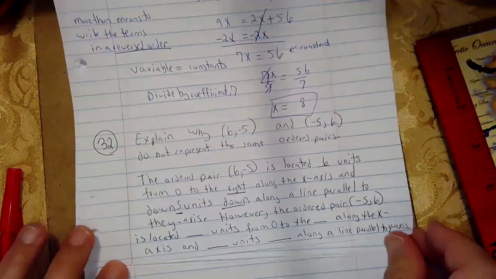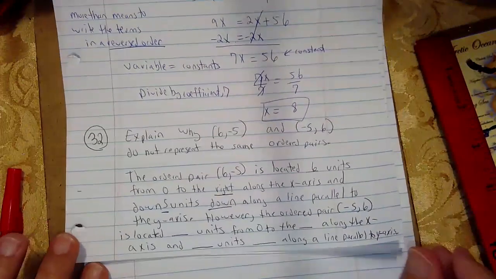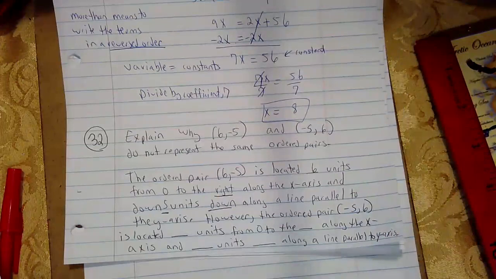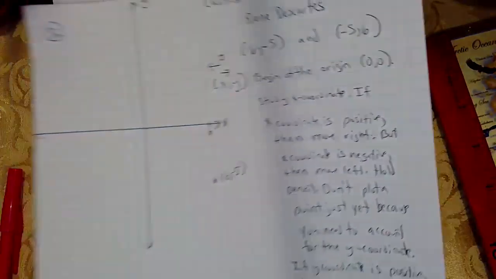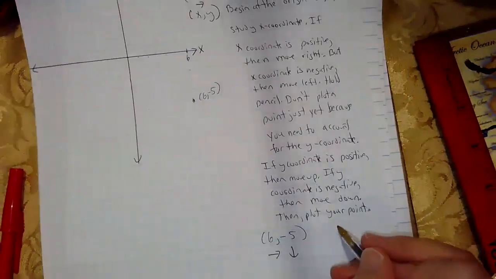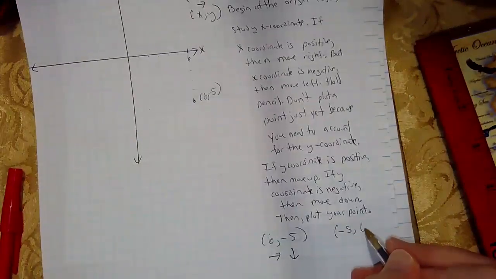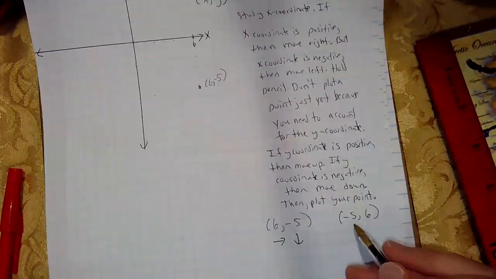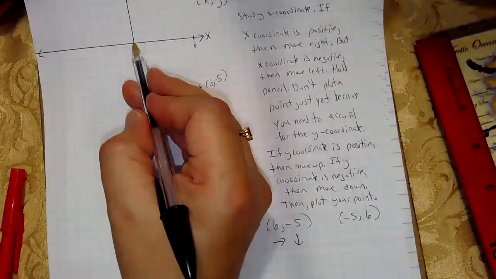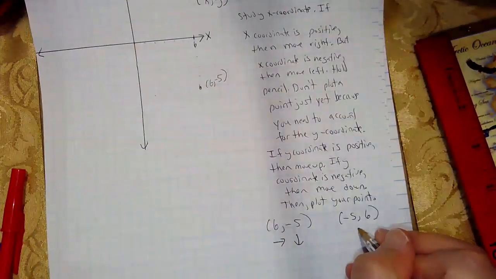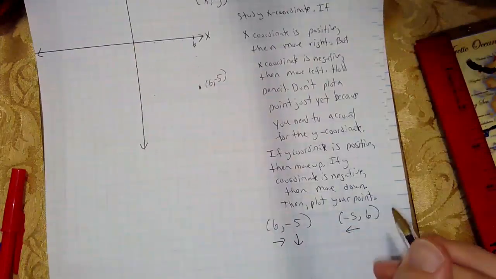Okay, and that's similar to what your paper should have. It's just probably your test review generated a different ordered pair. But for mine, I'm looking at the second point, which is negative 5, 6. So when I go to the negative 5, 6, I start at 0, 0, and this tells me on my x, I'm going to have to move left.